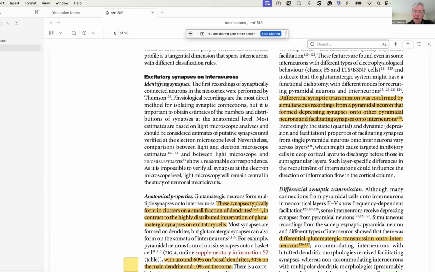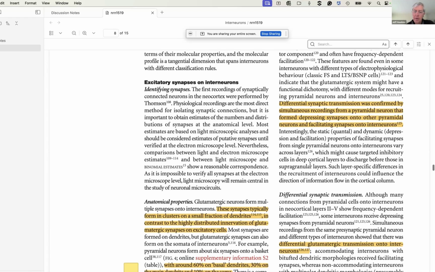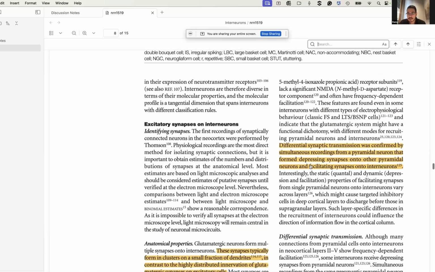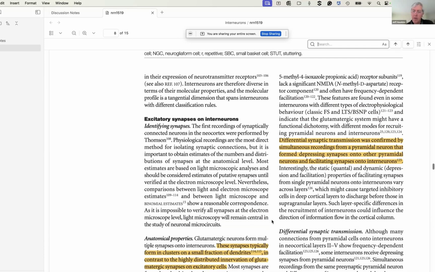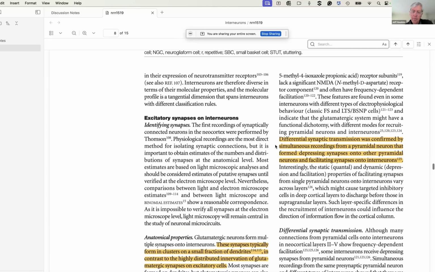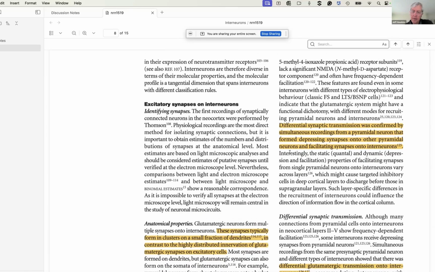Can you scroll down so I can see the sentence before this? Oh. What are we looking at in the paper here? So here they're talking. We're in the category of excitatory synapses on interneurons. Is that where we are? Yeah. Okay, and then all right, they're saying these synapses typically form in clusters, a small fraction of the dendrites.